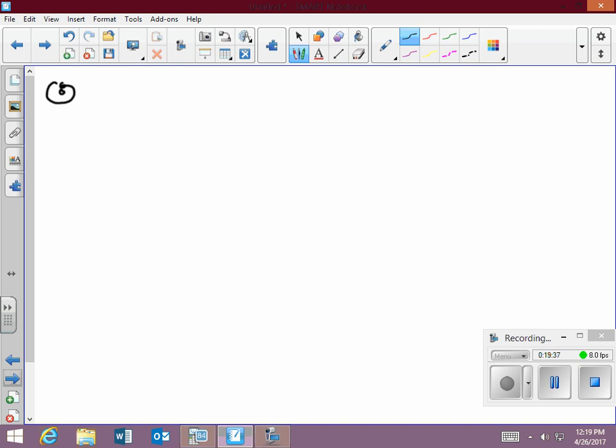Draw PQ. This is P. This is Q. Compass and straightedge to divide it into 4 congruent segments.